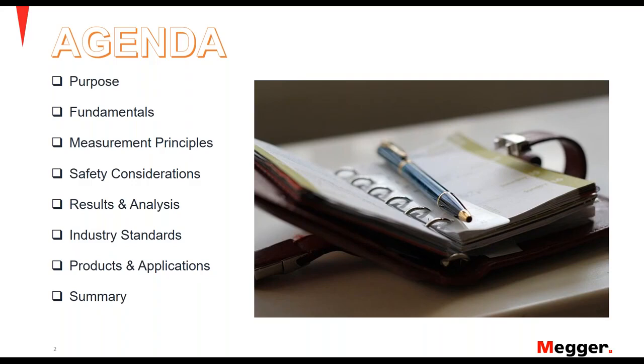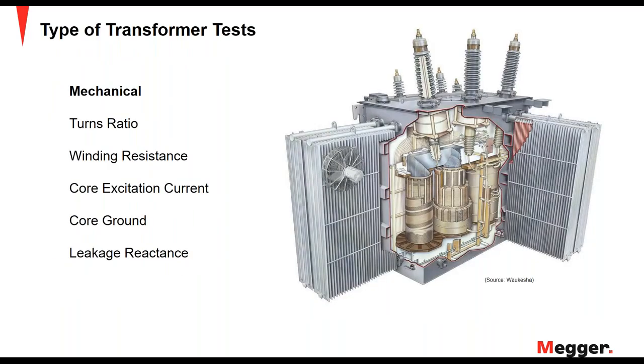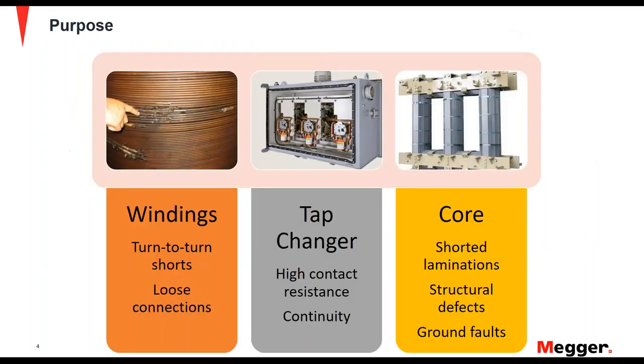and then we will end with a summary. As was discussed in the beginning of our seminar today, there are two different types of tests. For today's Substation best practice seminar, we will be looking at the mechanical side of tests and concentrating on winding resistance and core excitation current. We are going to concentrate on the windings, looking at maybe turn-to-turn shorts or loose connections.